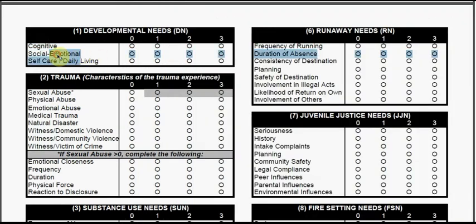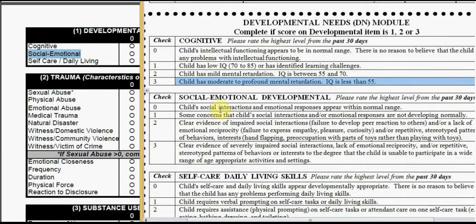In the social emotional item of the developmental needs module, the items or sub-items are 0. Child social interactions and emotional responses appear within normal range. 1. There are some concerns that the child's social interactions and emotional responses are not developing normally. In 2, there's clear evidence of impaired social interactions, he doesn't react, right?